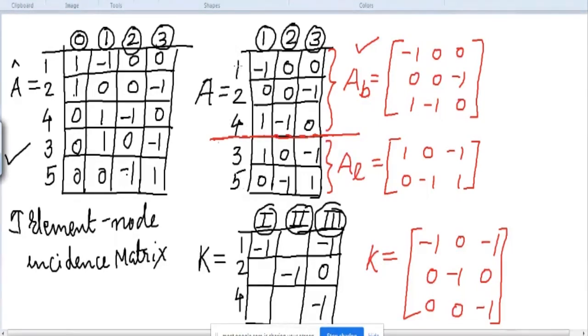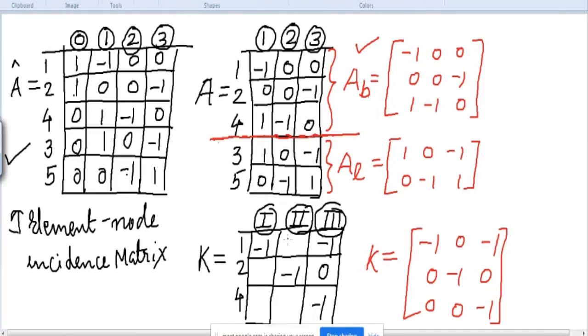We know that elements 1, 2 and 4 are branches and 3 and 5 are links. So we have made a partition, and this portion of the matrix will be called A_B, and the lower portion of the matrix will be called A_L. B stands for branch and L stands for link. In this way we got the A_B and A_L matrices. Then we have found out the K matrix.